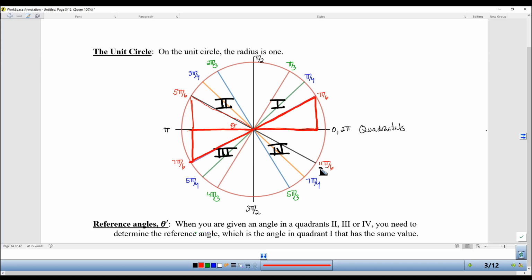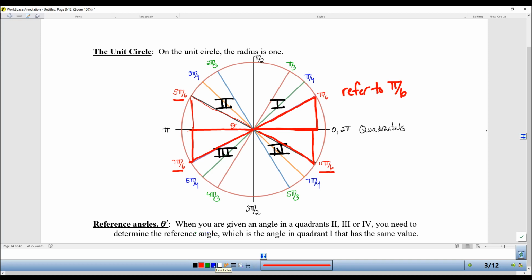If I asked you for 11 pi 6 and I drew it touching, so even though 11 pi 6 goes all the way around like that, since I'm going to draw my triangle touching the x-axis, this triangle has all the same properties as pi 6. So the reference angle is the main one in quadrant 1. So whether you're given 5 pi 6, 7 pi 6, or 11 pi 6, you can refer to pi 6.